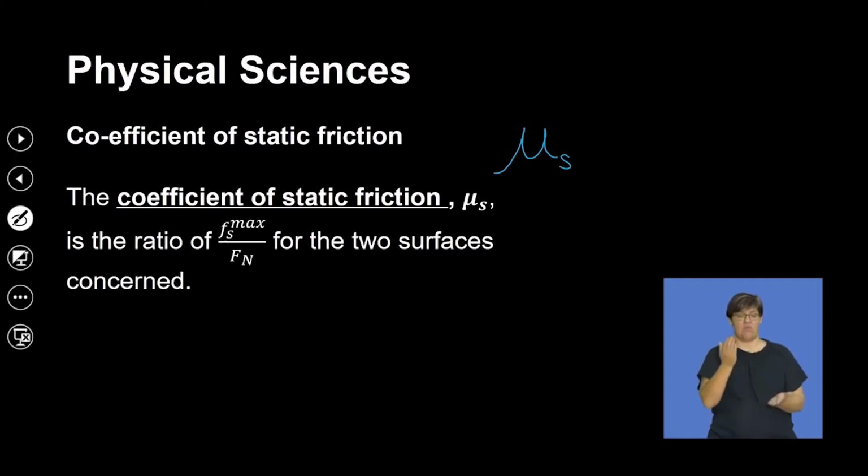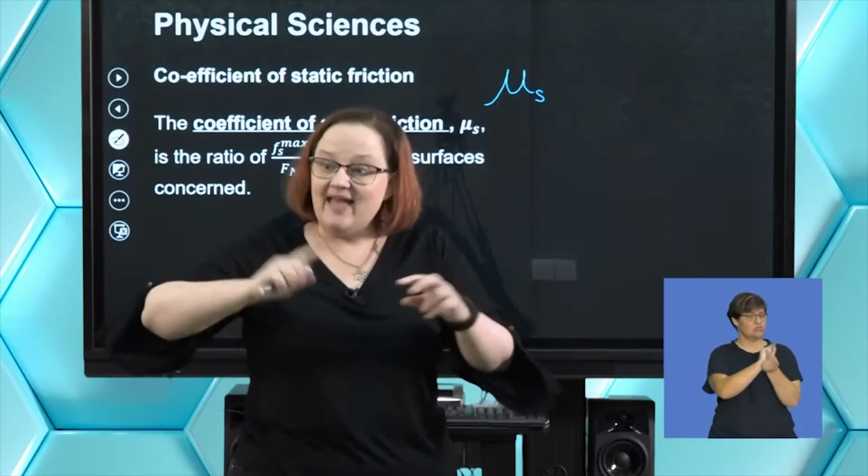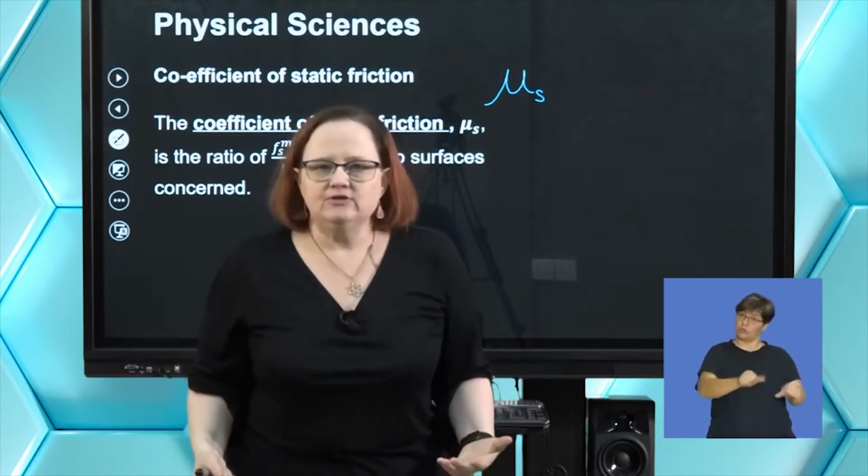Mu s is the ratio of F max to Fn. Ratio, division, so I'm dividing newtons by newtons, so it doesn't have a unit, and it's a constant. That gets rid of the proportionality, okay? For two surfaces, every pair of surfaces has a specific constant. That changes.